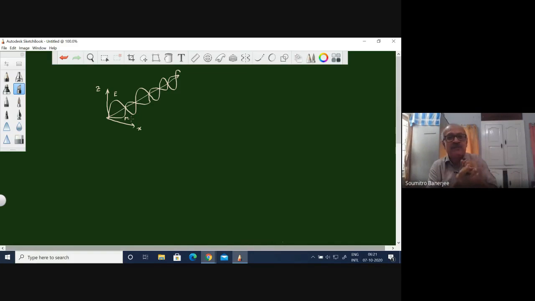But what about polarization? Polarization depends on the orientation of this plane, and therefore polarization is something that would be somewhat difficult to explain using the photon picture, the particle picture. But let us first try to recall what we knew about polarization.